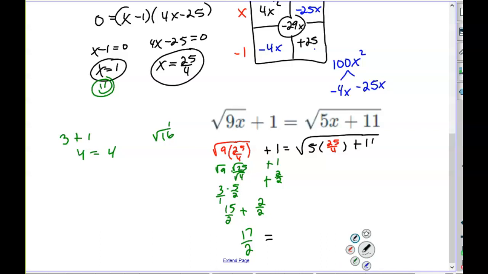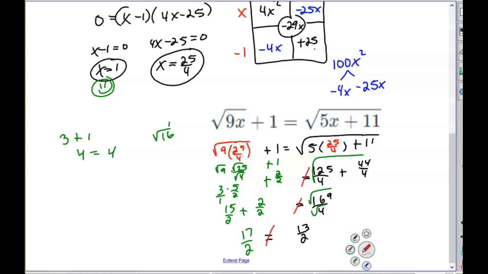So then I'd have 125 over 4 plus 44 over 4, which is 169 over 4. And then all of that's still over that square root. I take the square root of the top and the bottom. And that's 13 halves.